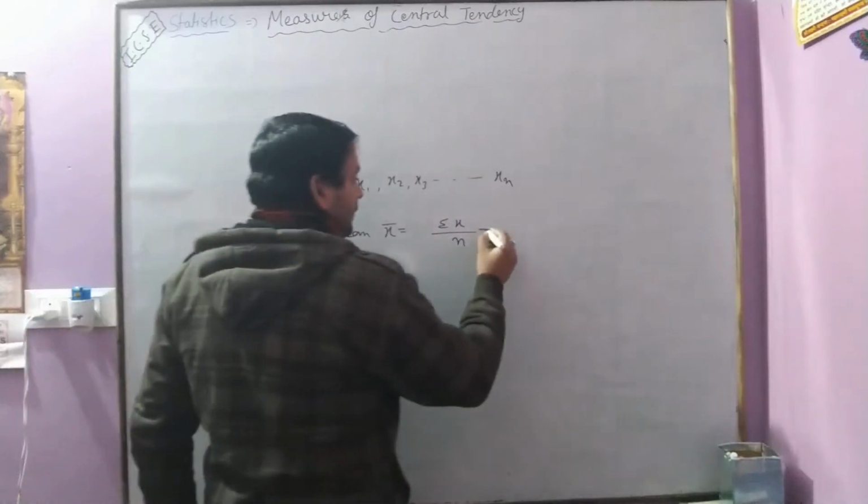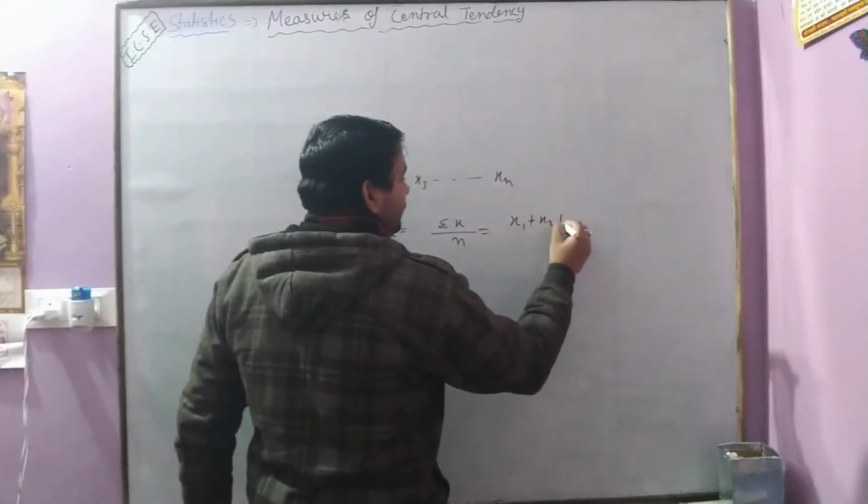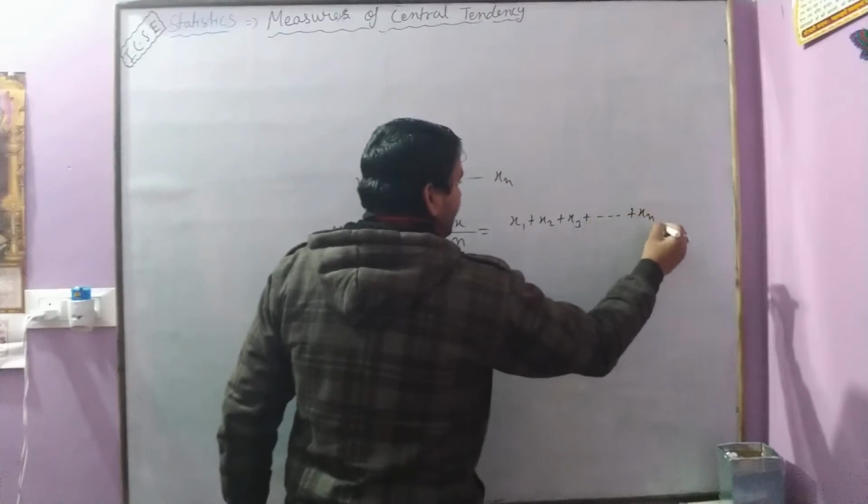That is, x1 plus x2 plus x3 and so on till xn, divided by n.